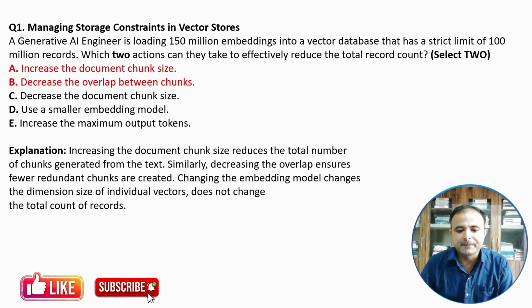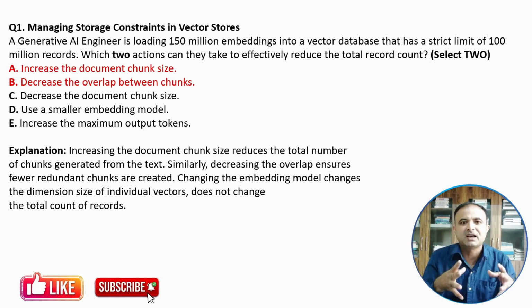Changing the embedding model changes the dimension size of individual vectors and does not change the total count of records. So there is no need to change the total count, just change the chunking size and work on the overlapping.